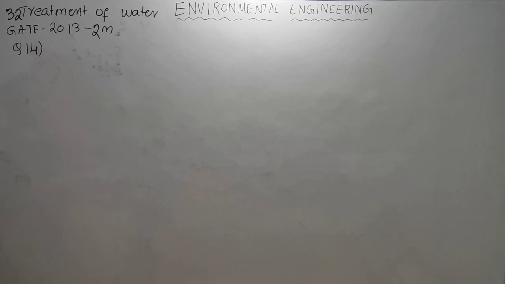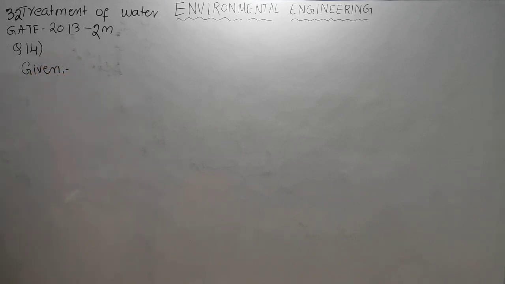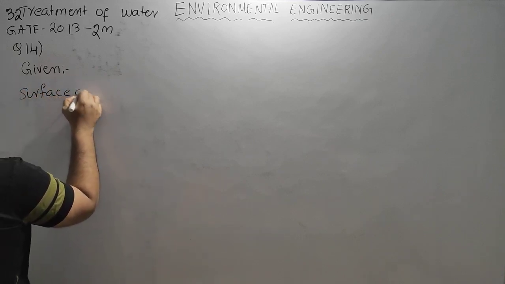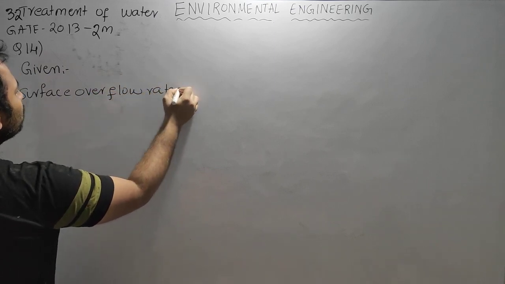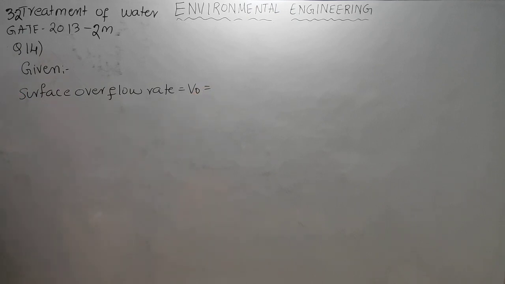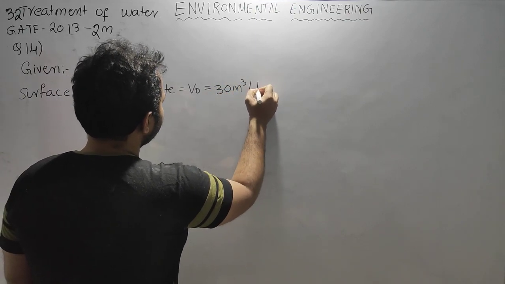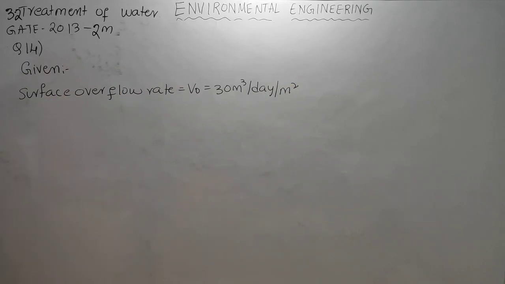Okay, so again the same concept. What is the given data? Given data, first one is the surface overflow rate V0, which is equal to 30 meter cube per day per meter square, that is the surface overflow rate.